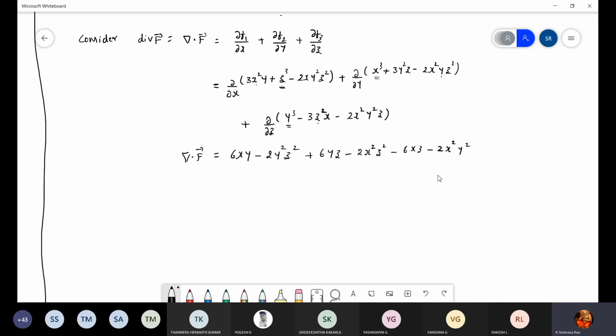Now the point is given, at x equals 1, y equals 2, and z equals 3. Yes, substitute and tell me the answer.